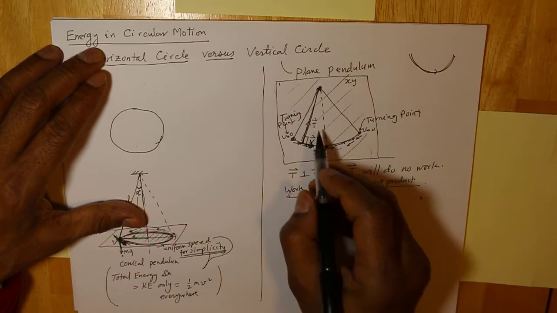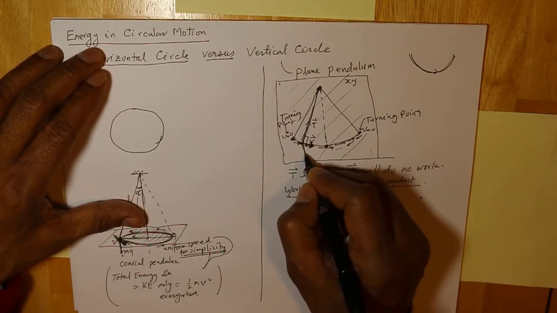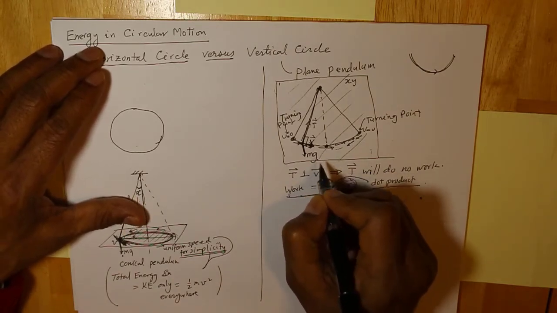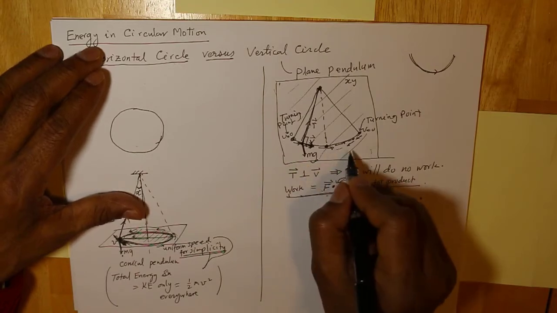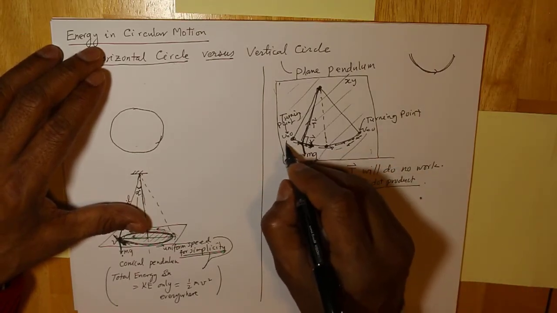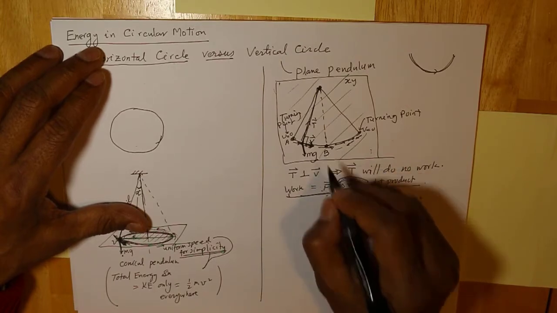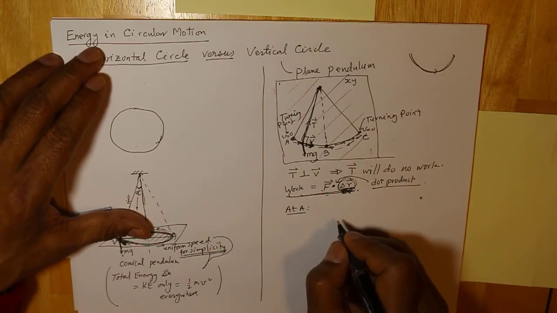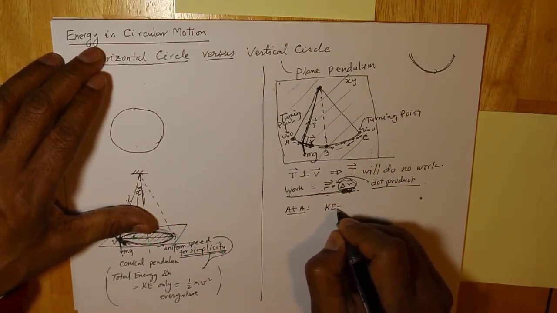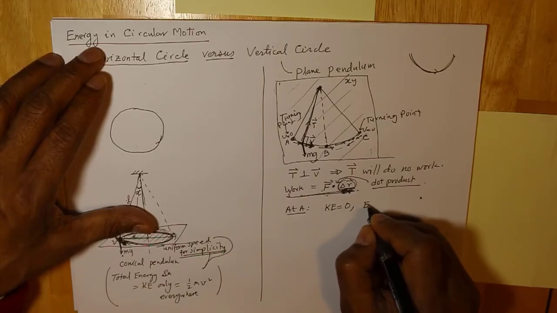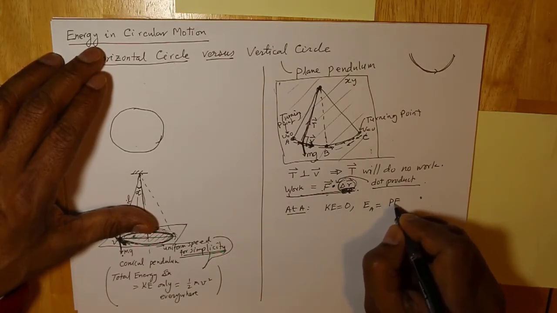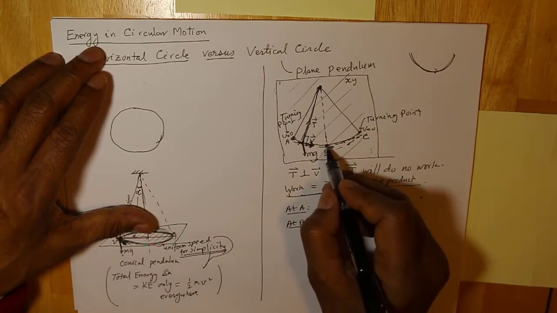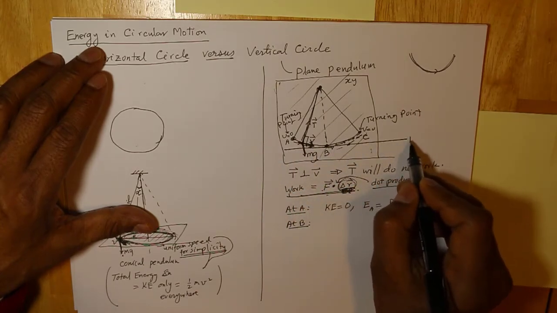Okay, now that we said tension doesn't do work, the only other force is mg. So mg is a conservative force, so the work by mg we take into account using potential energy. If I look at point A, point B, and point C, at A kinetic energy is 0, so the energy at A is just potential energy at A. At B, well, B is the lowest point, so we can say potential energy at B is 0.